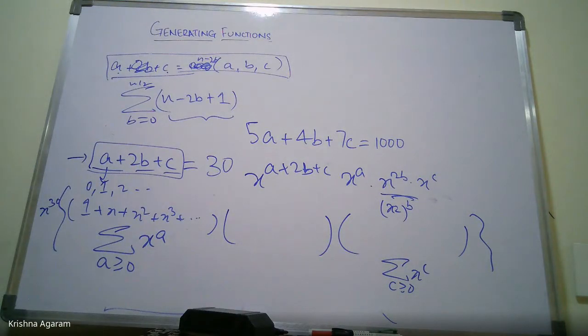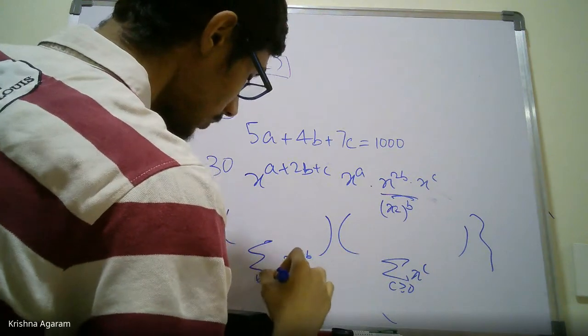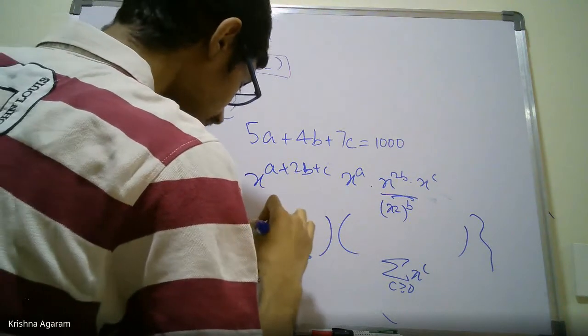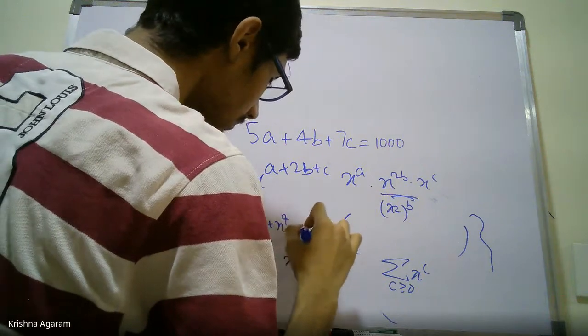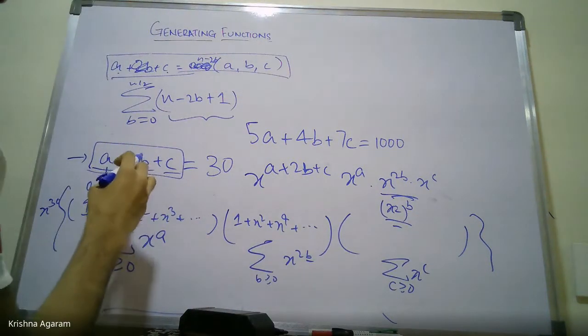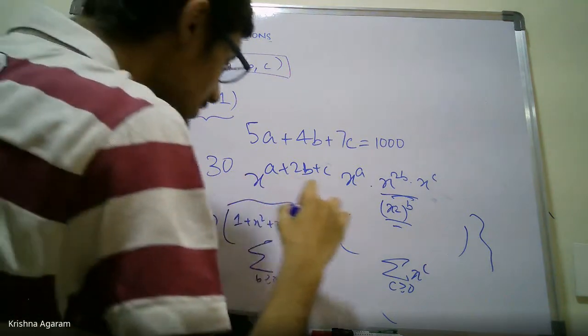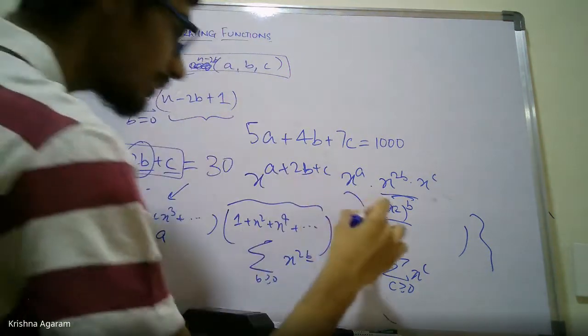Okay? So this is just 1 plus x squared plus x4 plus so on as b varies. Why this is true is that 2b can only be an even number. 2b can be 0, 2, 4, 6, and so on. So basically from this bracket, you choose a from here, you choose c from here.